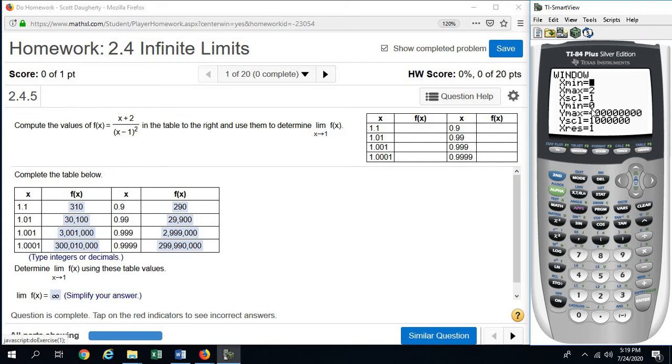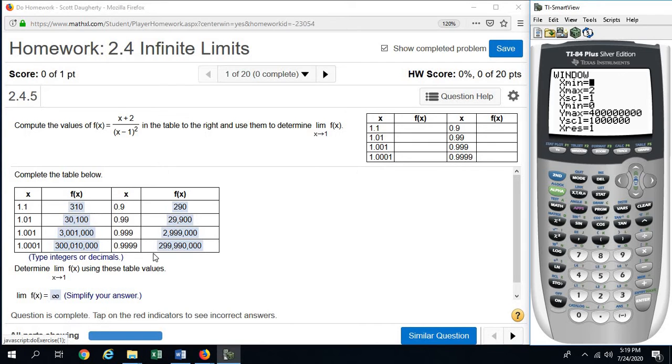Now the y minimum, I'm going from 0 to 400 million, and I'm doing that because the output values are going to be within that range. Now, you may have to play with this some. Here we know what the answers are going to be, but obviously when you do this on your homework, you're not going to know the answers up front. So you may want to do one or two of these just to get a sense of what the numbers might look like.